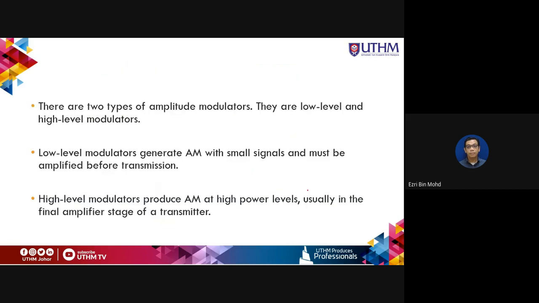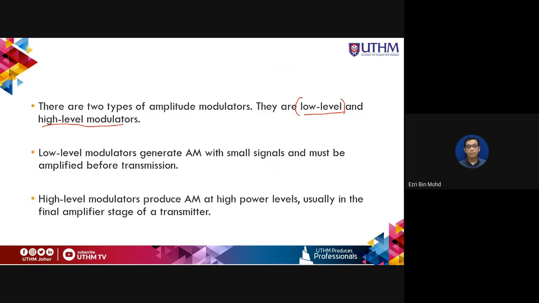There are two types of amplitude modulator. The first one is low level, in terms of the power needed to produce AM, and also the high level modulator.